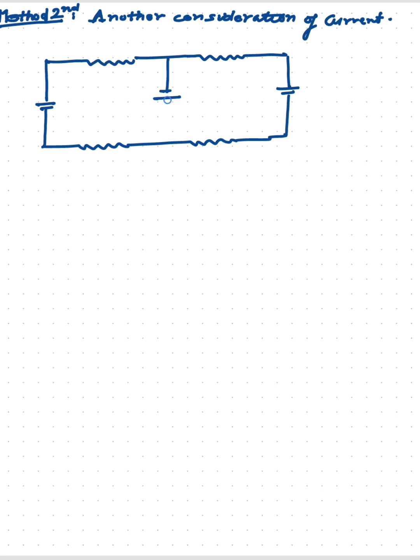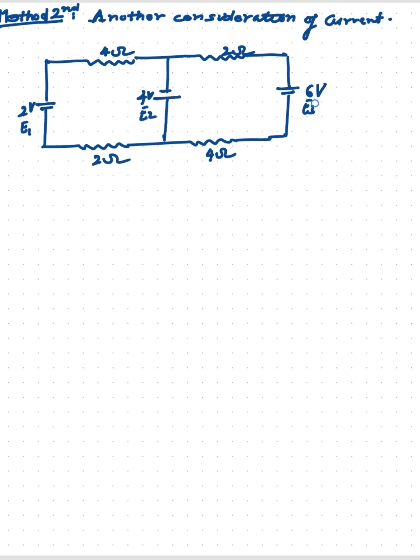Its polarity is opposite. This is 4 ohm, this is 2 ohm, this is 2 ohm, and this is 4 ohm. This is 2 volt, this is 4 volt, and this is 6 volt. What another consideration means: I can assume this is E1, this is E2, and this is E3.